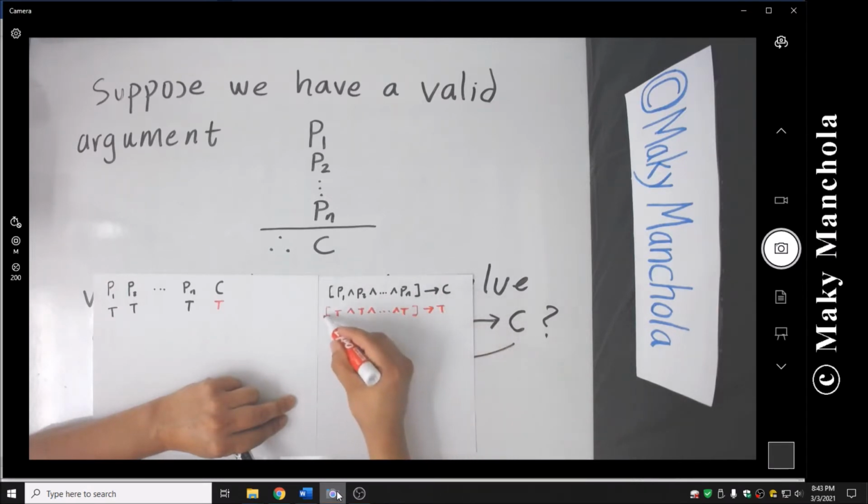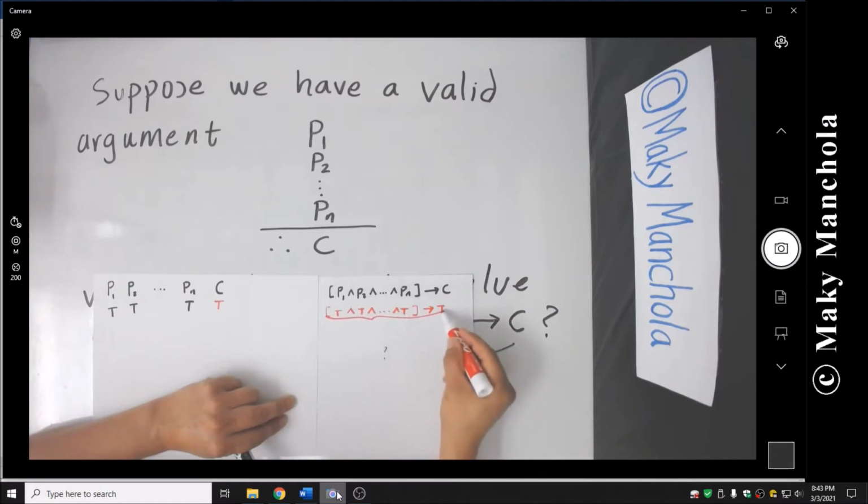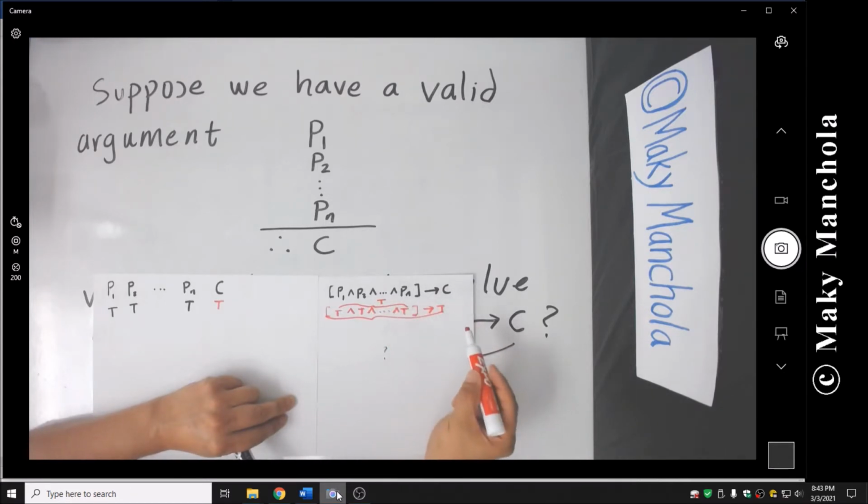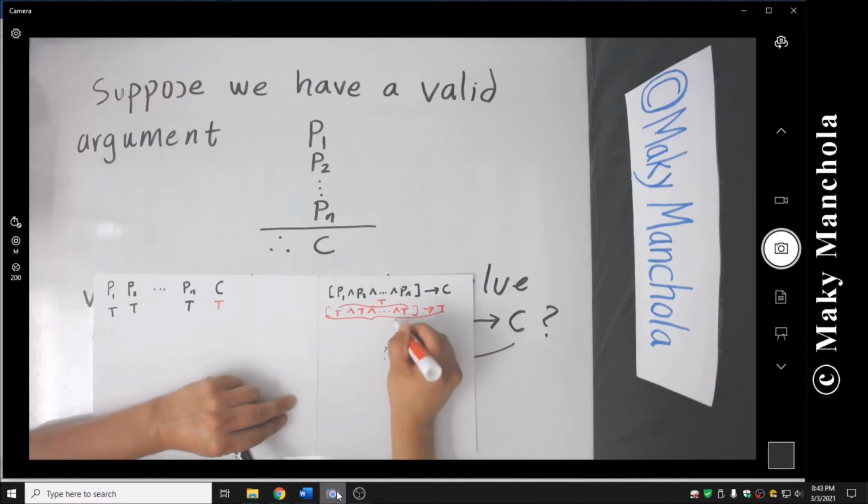Now, I'm trying to compute the truth value of that conjunction implies a conclusion. Now, when you take the conjunction of all true, the result is true. So whatever is inside the bracket, it ends up being all true. So now let's calculate what is true implies true. True implies true happens to be true.